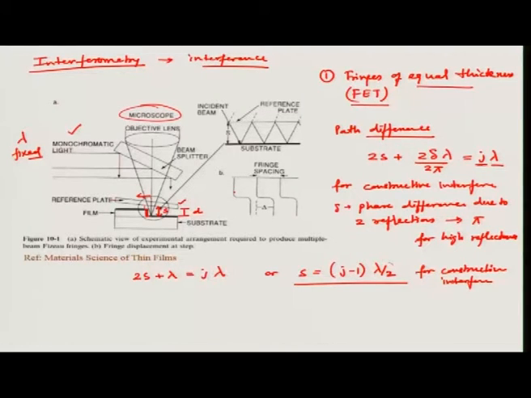So, now in this you are watching the fringes of high intensity where the constructive interference occurs, but if your S changes because of film thickness, then the spacing between these two will also change, and this change is by delta.